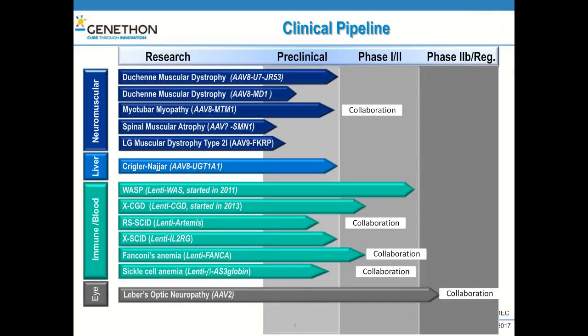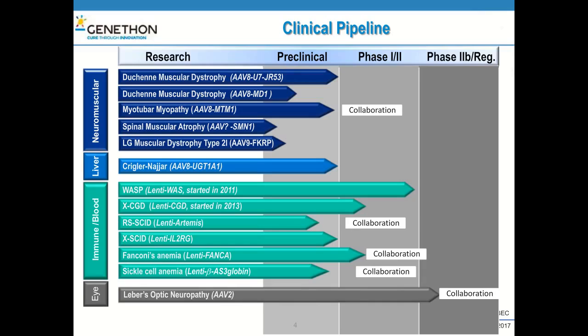We are currently sponsoring several gene therapy projects that have reached clinical trial, and we are also involved in several other projects for AAV and lentivirus vectors in preclinical and research stage. For neuromuscular, liver and eye diseases, the gene therapy product is based on AAV vectors.